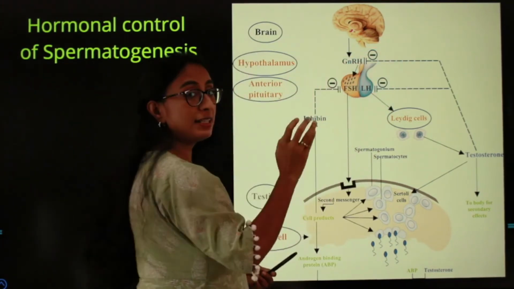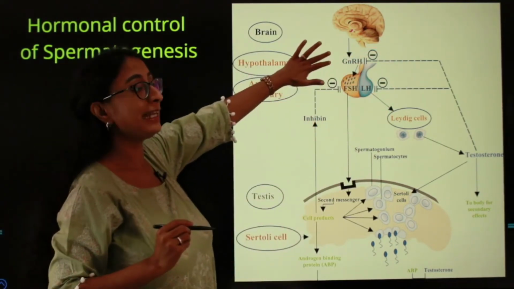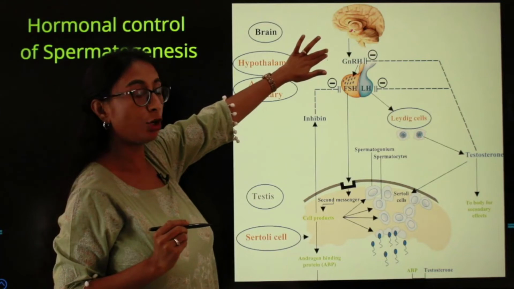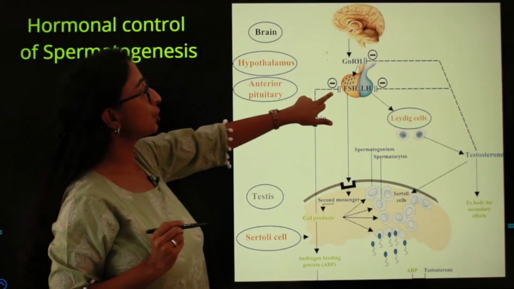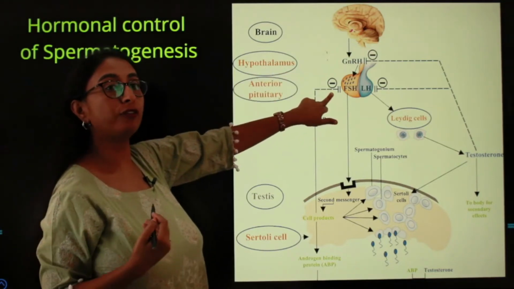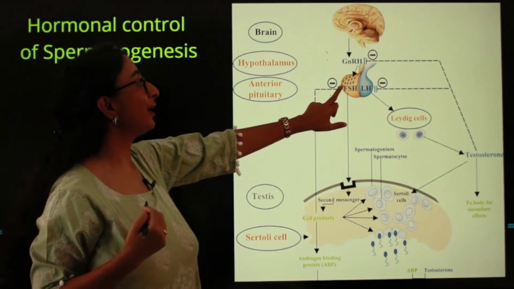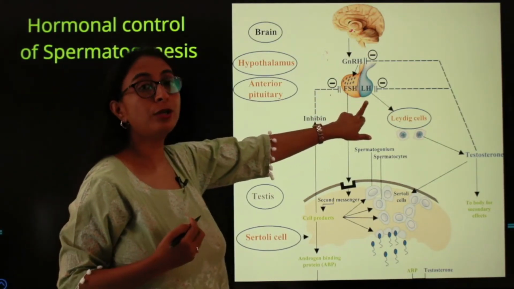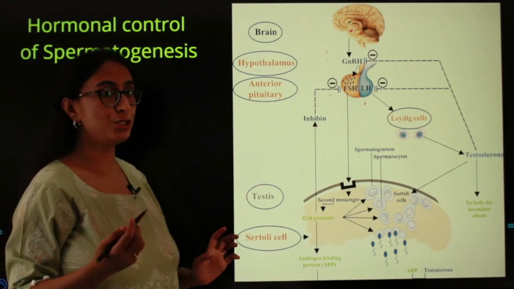So first there is an increase in the gonadotropin releasing hormone, and that in turn stimulates the secretion of the follicle stimulating hormone and luteinizing hormone by the anterior lobe of the pituitary gland.